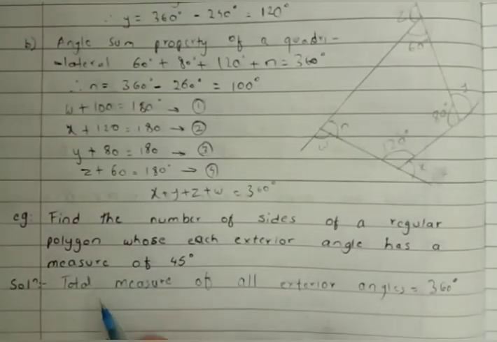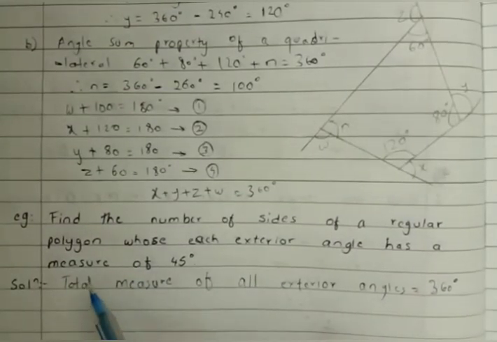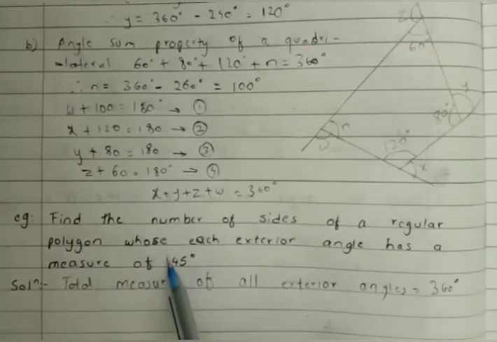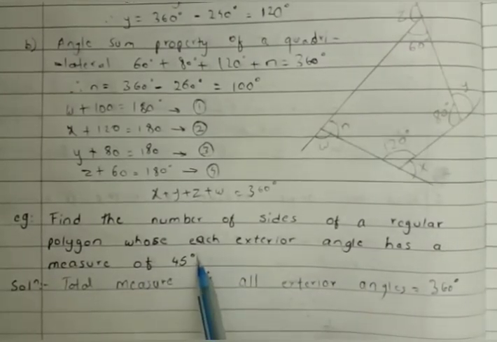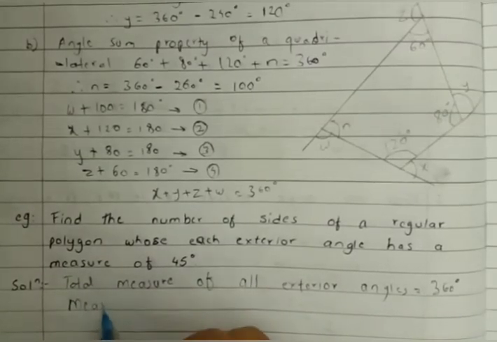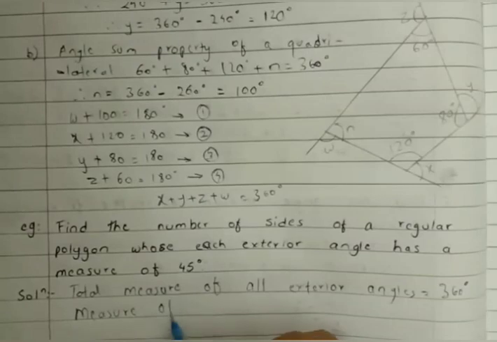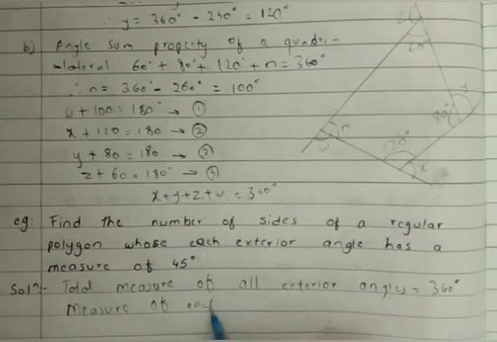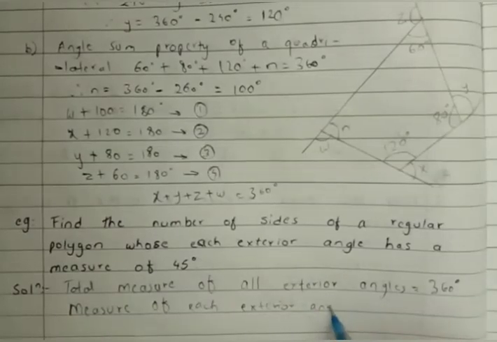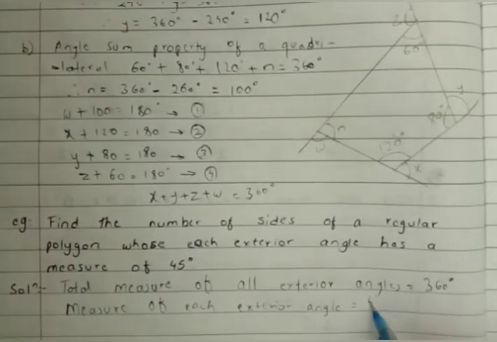What information is given? Exterior angle has the measure of 45 degrees, right? So we'll write it down. Measure of each exterior angle equal to 45 degrees.